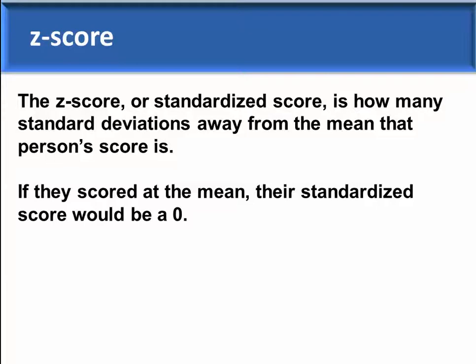So again, the z-score is how many standard deviations away from the mean that person's score is. So that means if the amount of weight that the person lifted was exactly the same as the mean for their data set, their standardized score would be a 0.